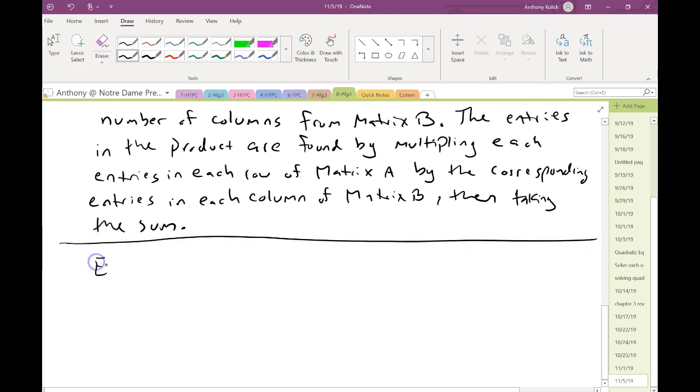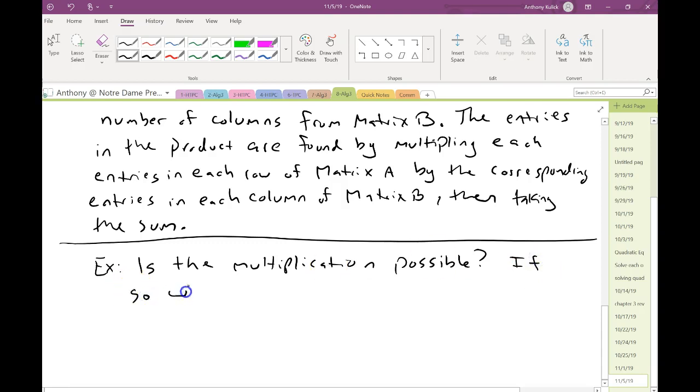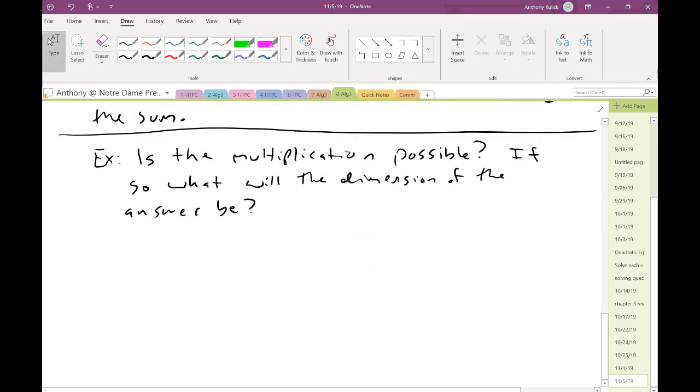So let's look at some examples. We're going to look at whether the multiplication is possible, and if it is, what will the dimension of the product be?